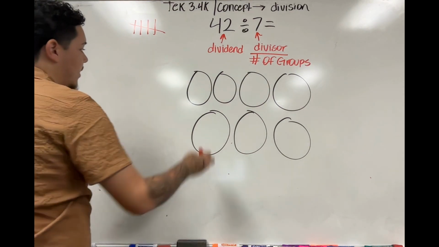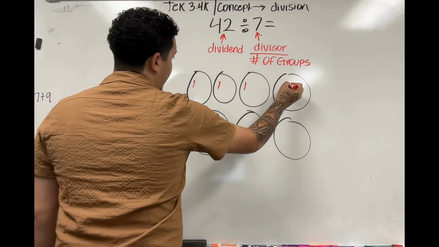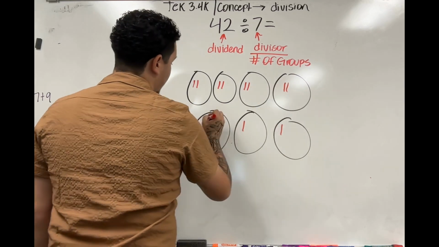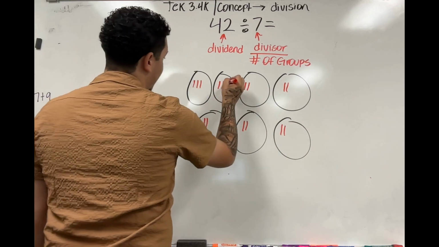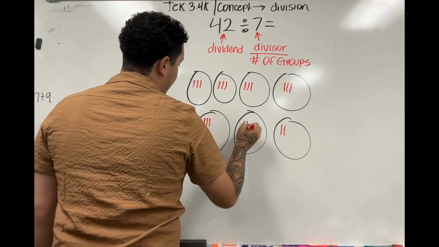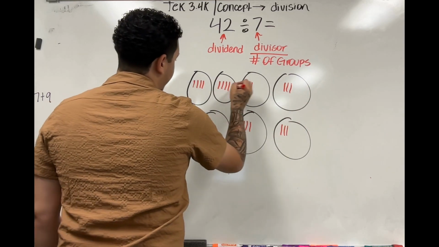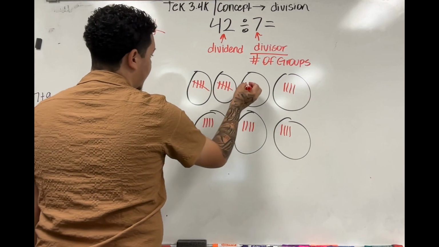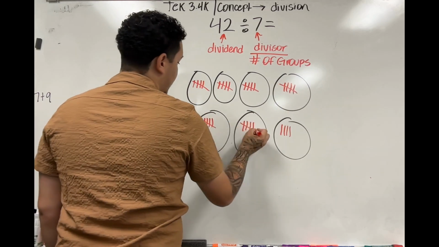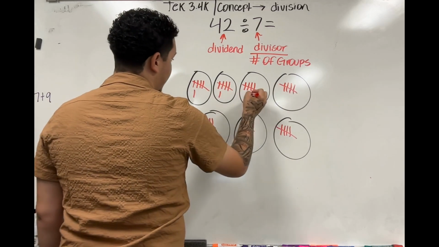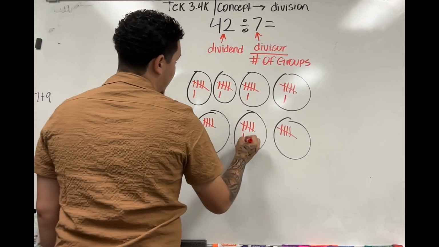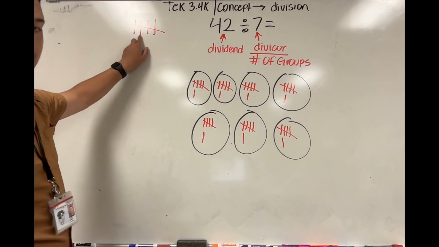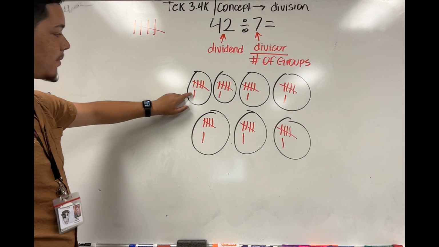All right, let's go ahead and try that here. 1, 2, 3, 4, 5, 6, 7, 8, 9, 10, 11, 12, 13, 14, 15, 16, 17, 18, 19, 20, 21, 22, 23, 24, 25, 26, 27, 28, 29, 30, 31, 32, 33, 34, 35, 36, 37, 38, 39, 40, 41, 42. By looking at my tallies here, I know that if this equals 5, this will be 5 plus one more, which is 6.